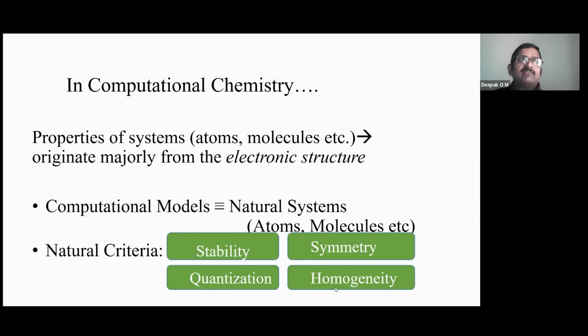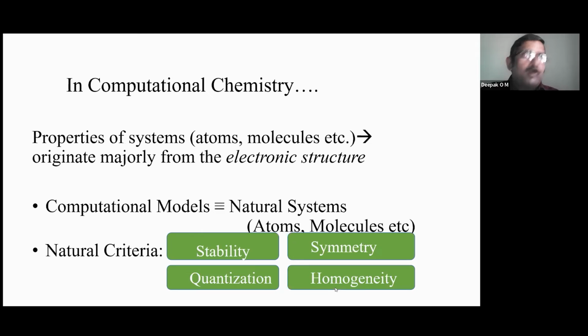In connection with that, whatever natural behavior molecular systems exhibit in nature, all those natural criteria should be properly matched with the computational model that you make. Something like stability, symmetry, quantization, homogeneity, these kinds of terms. I'm not going into the details of these terms right now. Some of the natural aspects associated with it should exactly mimic a methane molecule in reality, whatever model you have made.